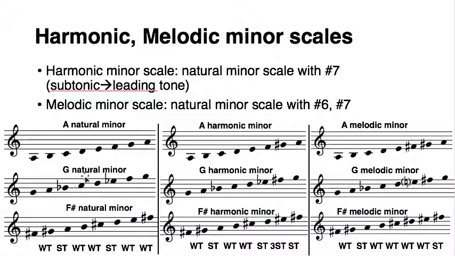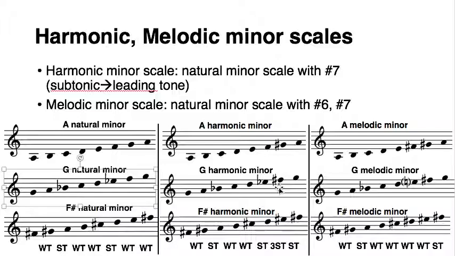So check this out. In G natural minor, we have G, A, B flat, C, D, E flat, F, and then back to G. So in the harmonic minor, all we have to do is raise that F by a semitone. We have an F sharp. So this is our scale: G, A, B flat, C, D, E flat, F sharp, G. Whereas in the melodic minor, we need to raise both scale degrees 6 and 7.